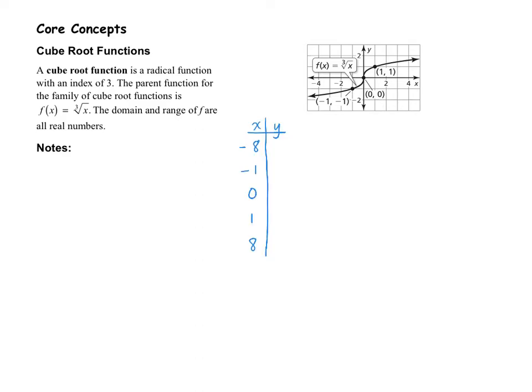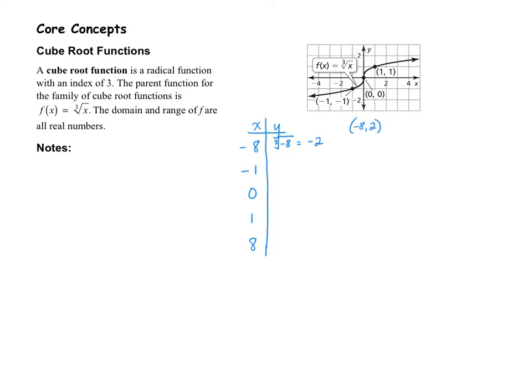Okay, I've chosen these to plug in because those are perfect cube roots. So if we plug in -8, the cube root of -8 is -2. So that means that (-8, -2) would be a point on this function.